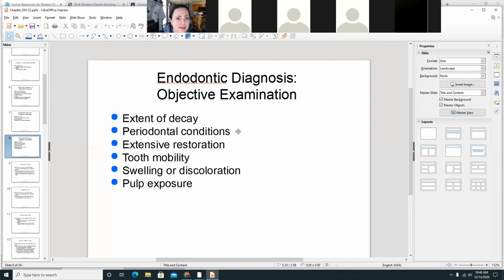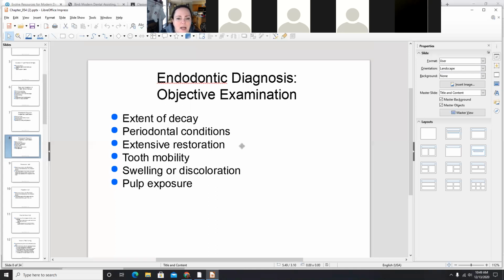Periodontal conditions like periodontal disease, like if somebody hasn't had a cleaning in a long time and they have tartar below the gum tissue, or you can see the PDL or the gum tissue starting to separate from the tooth on the x-ray, it may be pulpally involved at that point.